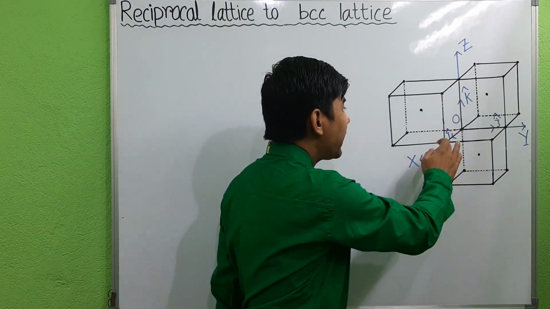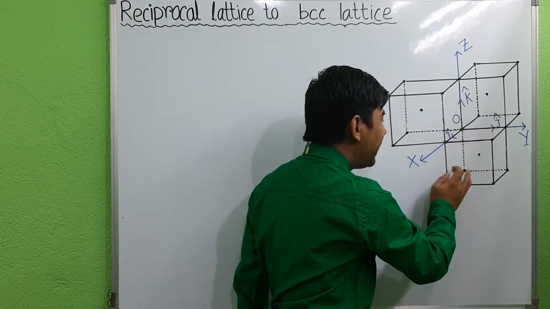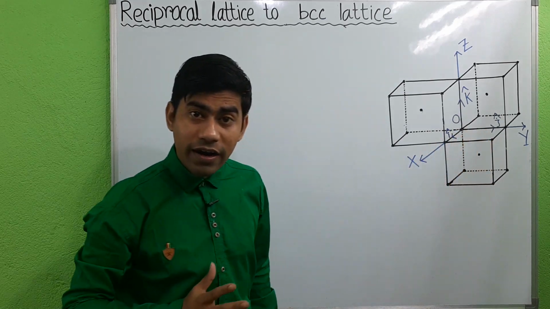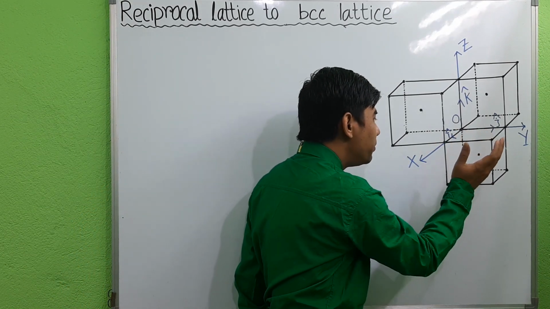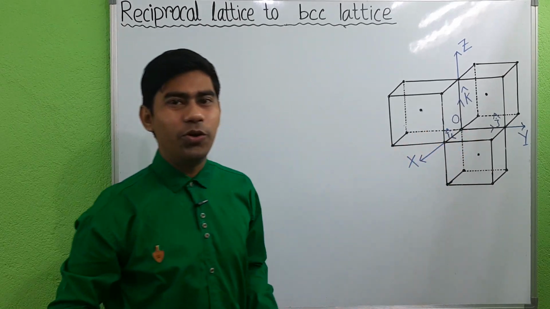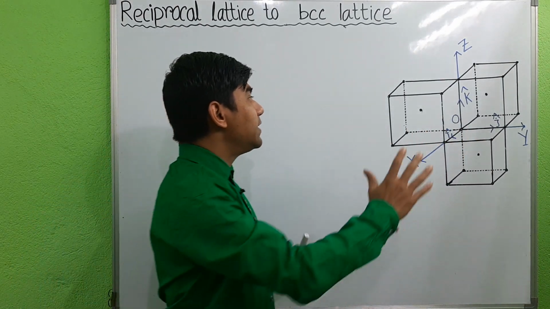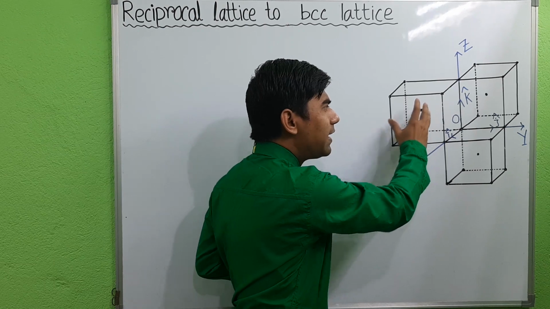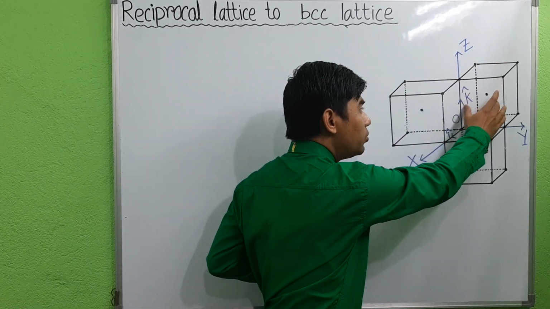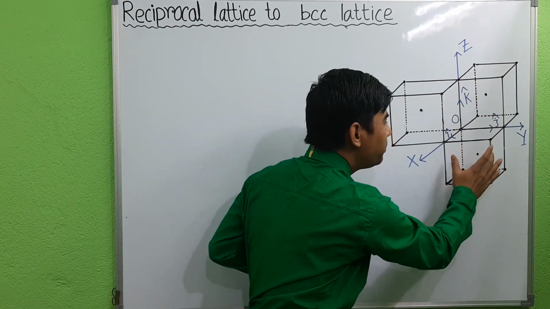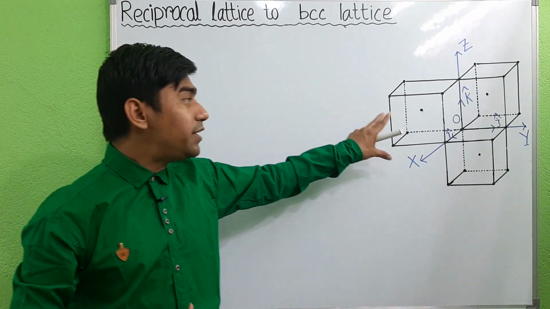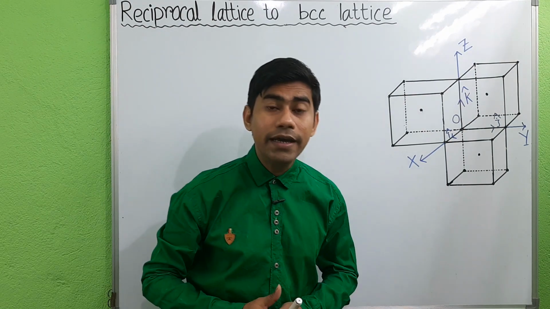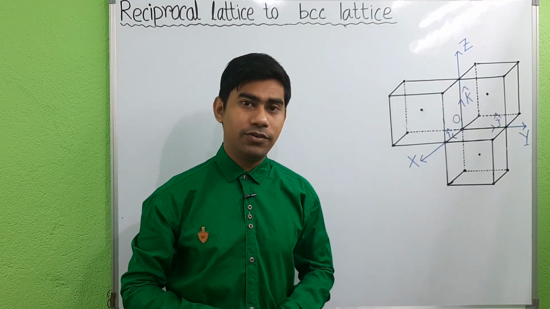Here also 8 lattice points are at 8 corners and one lattice point is at the middle of this cube. So this is a BCC unit cell, this is a BCC unit cell, and this is a BCC unit cell. That is, we consider three body centered cubic primitive unit cells.